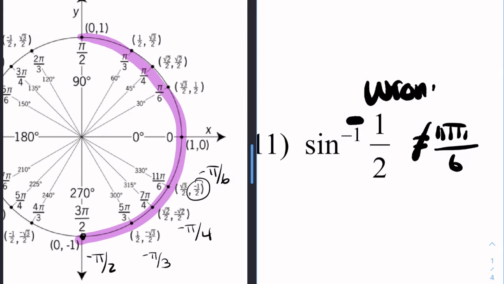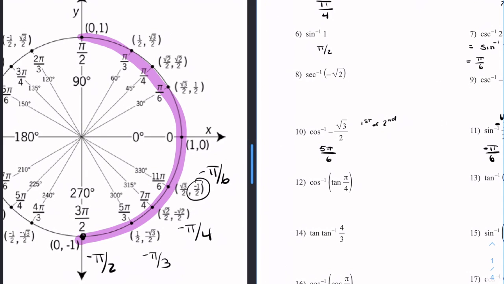And that would be wrong because, as we saw before, the outputs, the angles that will come out for the answers for inverse sine, in order for it to be a function, are only from negative pi over 2 to positive pi over 2. So what we need to do is find the angle that's equivalent in the fourth quadrant. So the equivalent angle would be negative pi over 6.